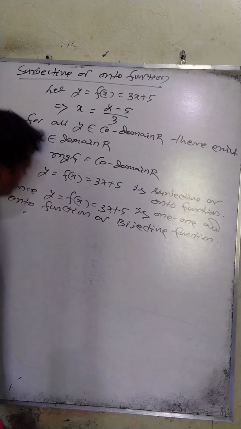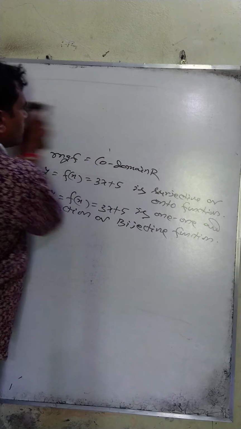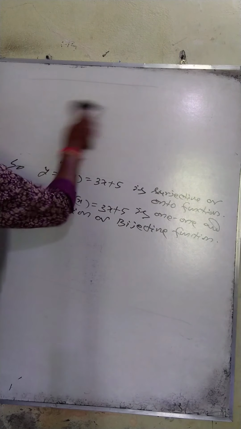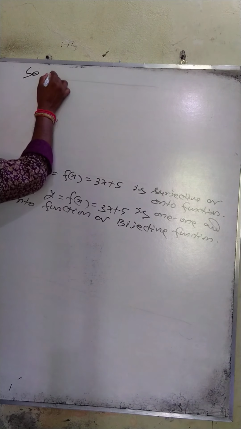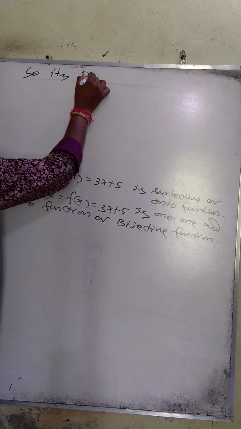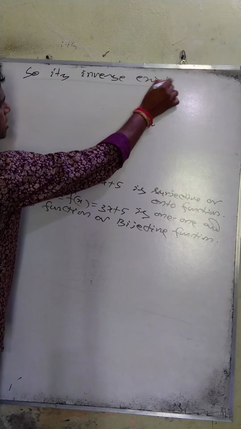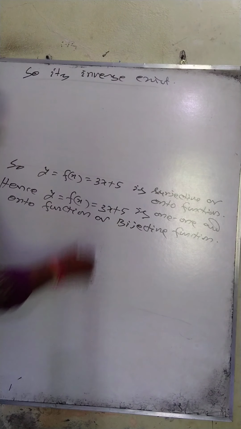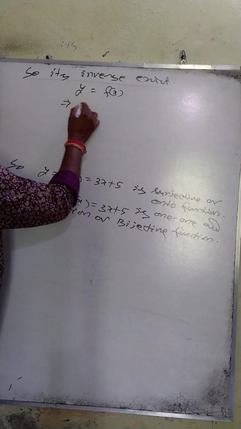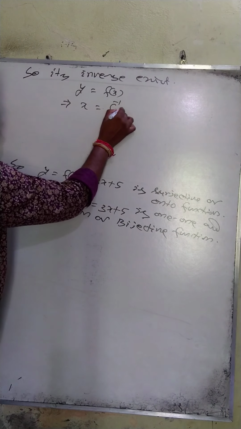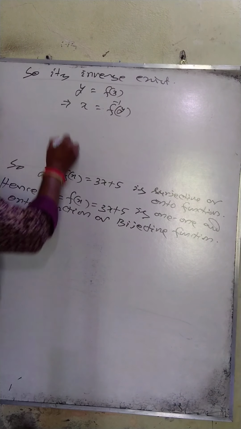So its inverse exists. We know if a function is bijective, then its inverse exists. Y is equal to f of x. That implies x is equal to f inverse y.